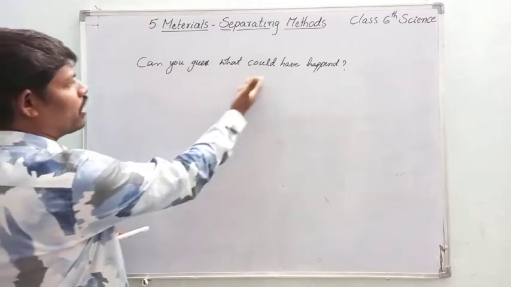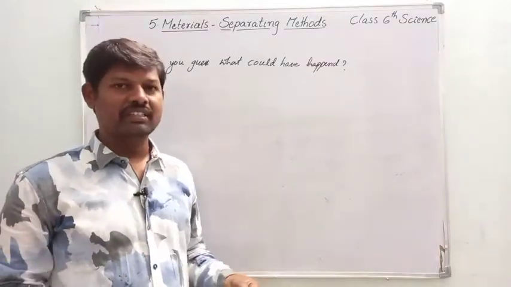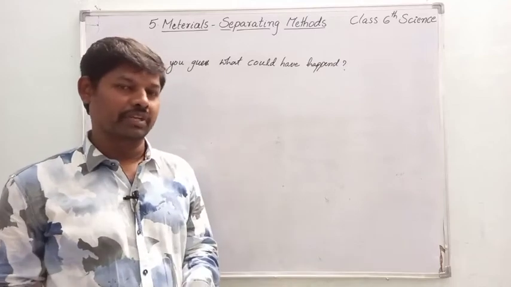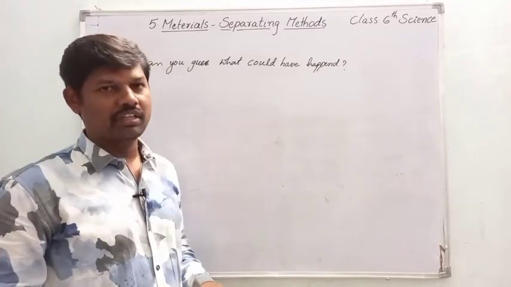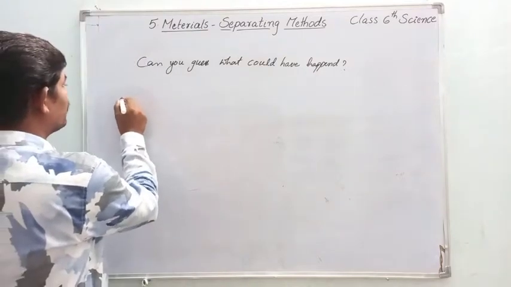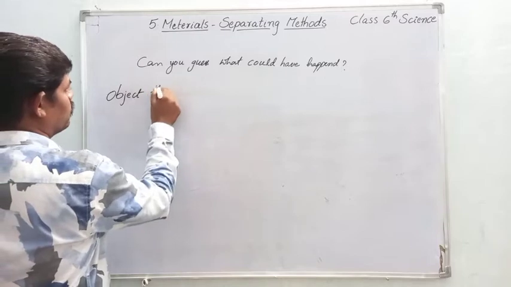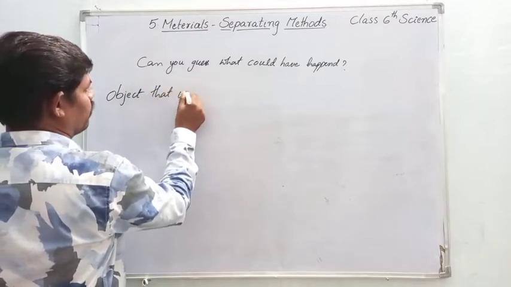Can you guess what could have happened? Some vessels have fallen, some are broken, some are not broken. Some food has fallen on the floor. So here what we have to write down: objects that would have broken.